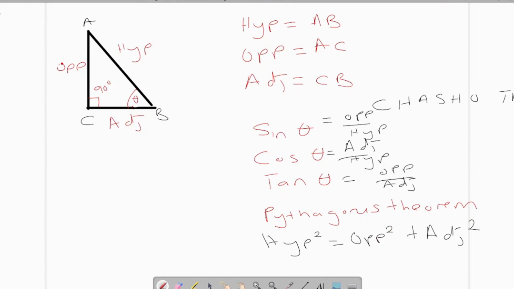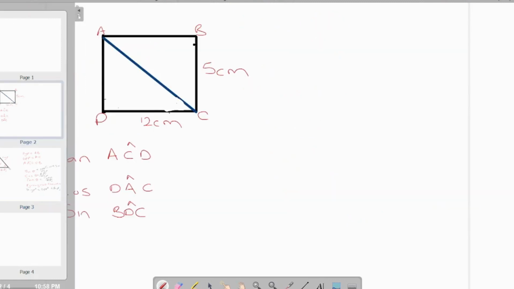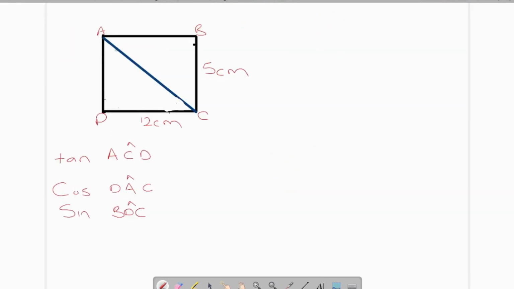So let us go back and answer our question here. On our diagram, we have a rectangle, namely ABCD, and AB is 12 centimeters, which is equal to DC, and BC is 5 centimeters, which is equal to AD. The first question is saying calculate tan ACD.